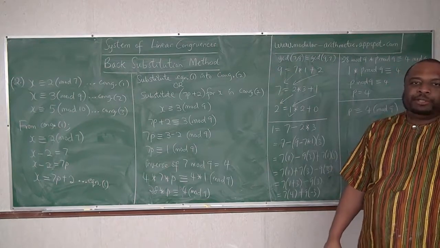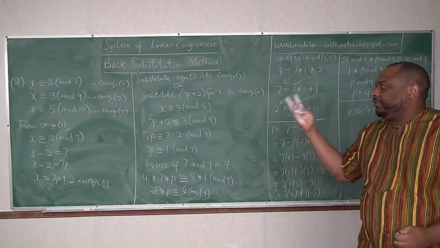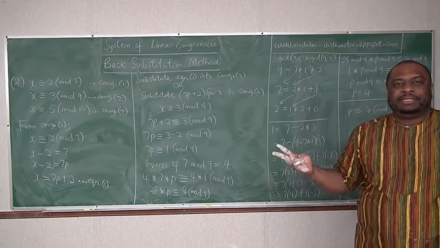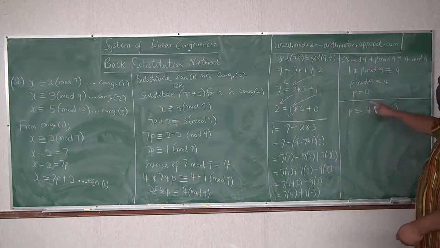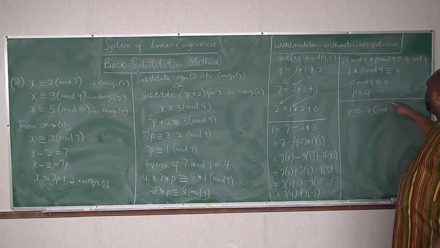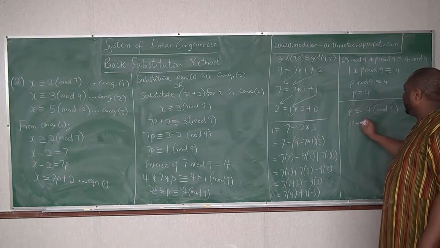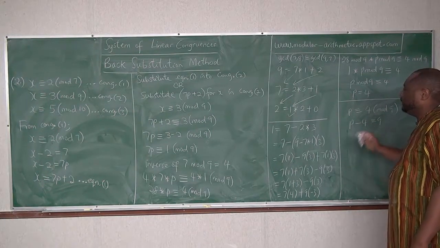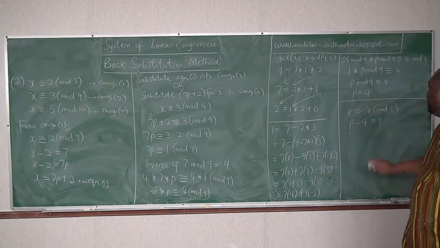When we had 2 linear congruences, we had only one equation. Now we have 3 linear congruences, we shall have 2 equations. So we have this, P is congruent to 4 in mod 9. This means that P minus 4 is divisible by 9.